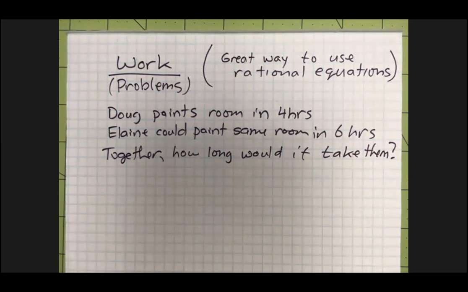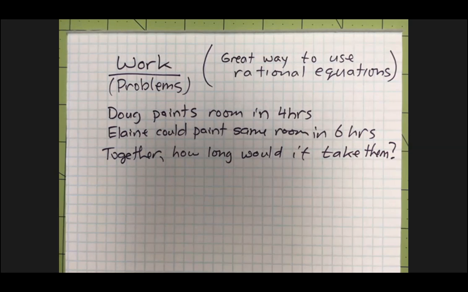If you just read this problem to someone on the street without even thinking, they would say 4 plus 6 is 10. Okay, let's try another one. 4 plus 6 is 10. No, that doesn't make sense. Oh, I know. Doug paints the room in 4 hours. Elaine paints in 6 hours. Let's take the average. Maybe together they take 5 hours.